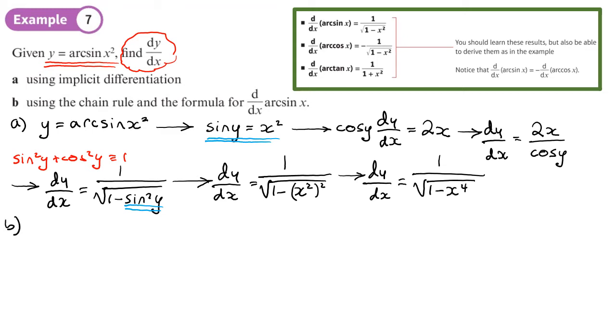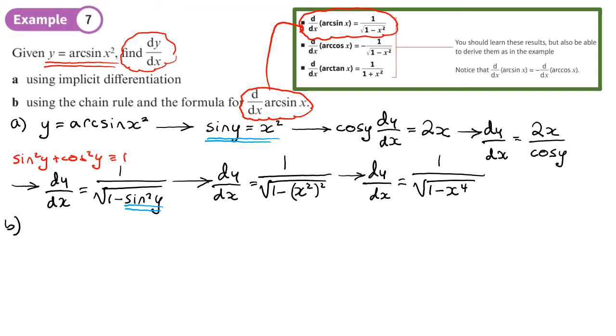Now part B, it's telling us to use the chain rule, and the formula for what we get when we differentiate arcsine x, and that's here, so we're going to use this to help us get the answer. Now I did say that you should remember these results here, but they are in the formula book, so there's no need to really memorize them.